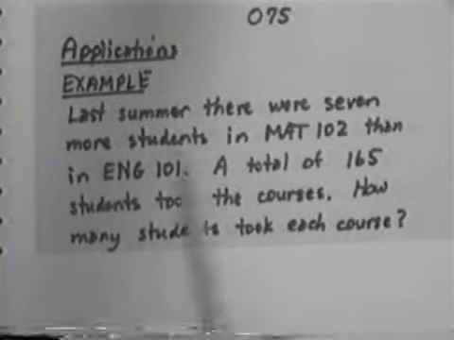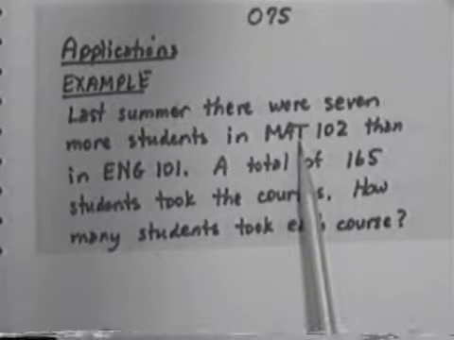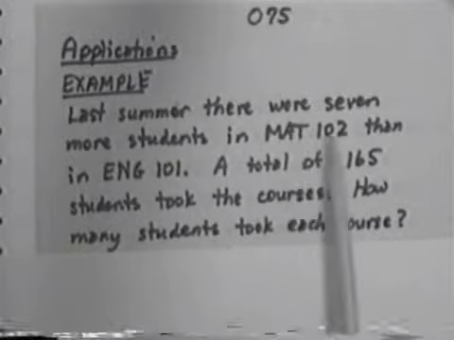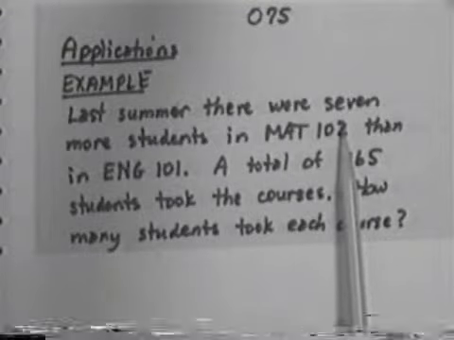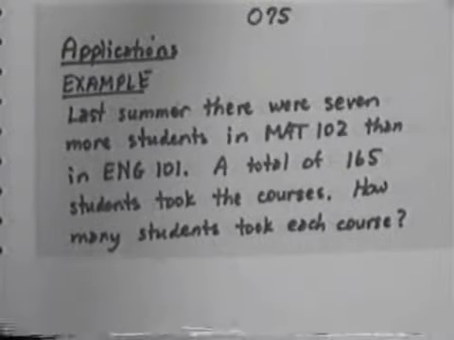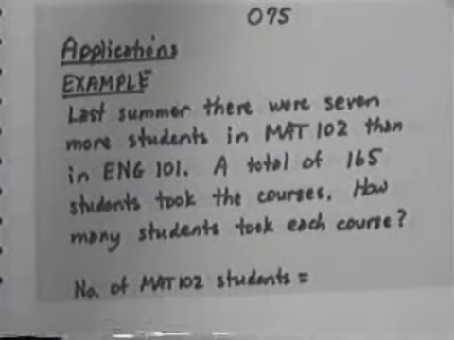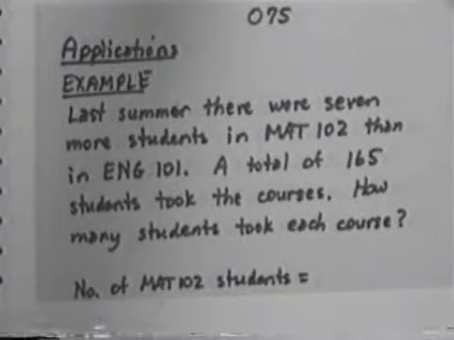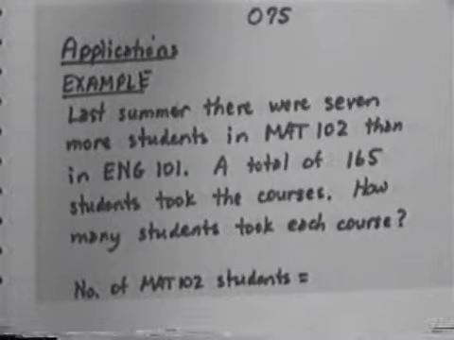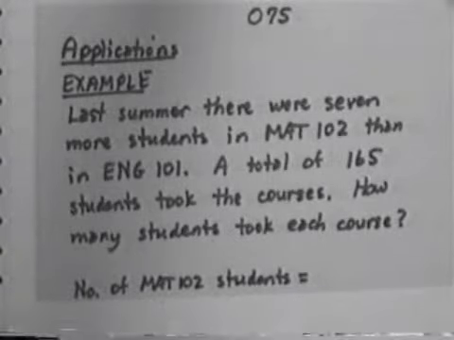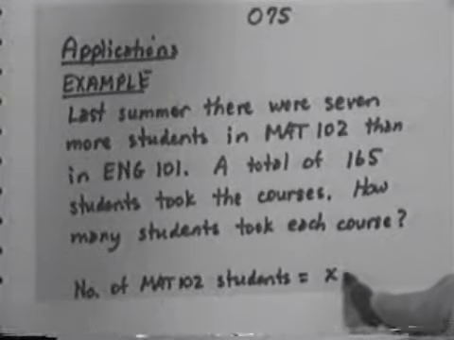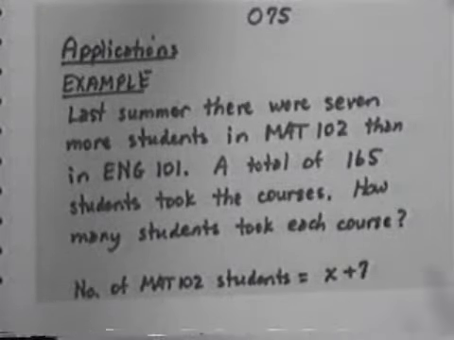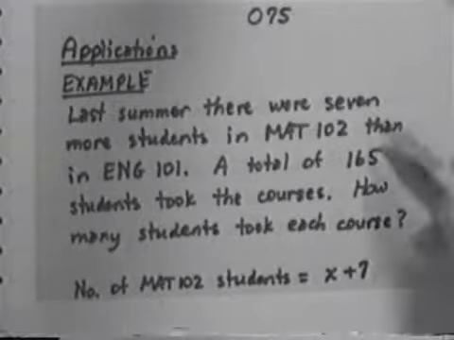So it seems that the number of students in Math 102 should be something add 7. Well, let's make the number of Math 102 students be x add 7. There were 7 more students in Math 102 than in English, and so x plus 7 reflects that 7 more.